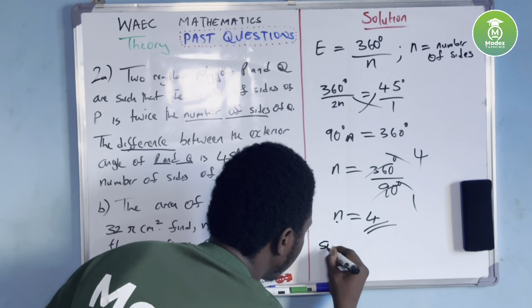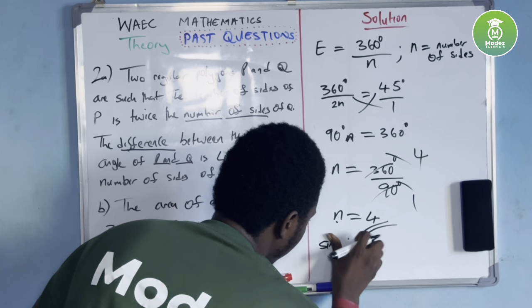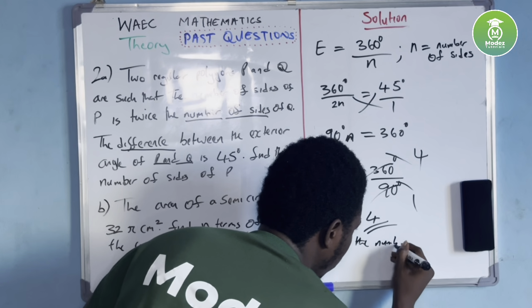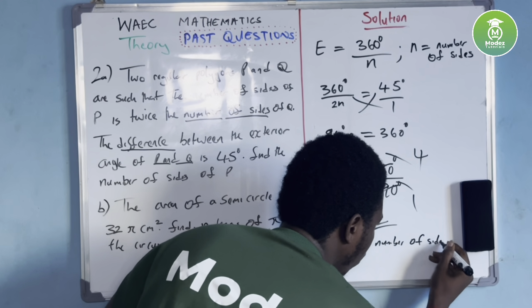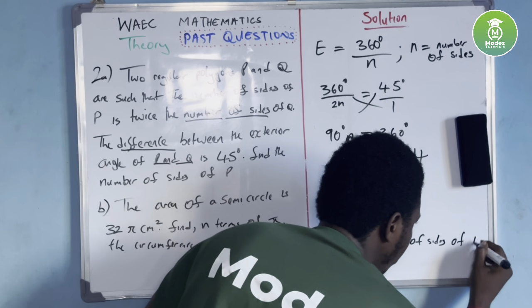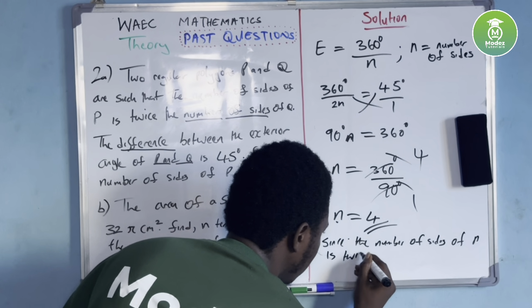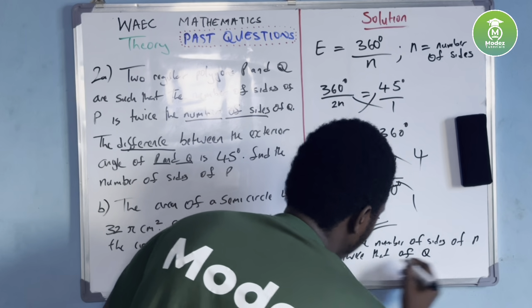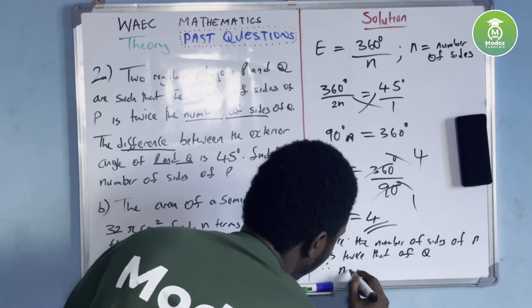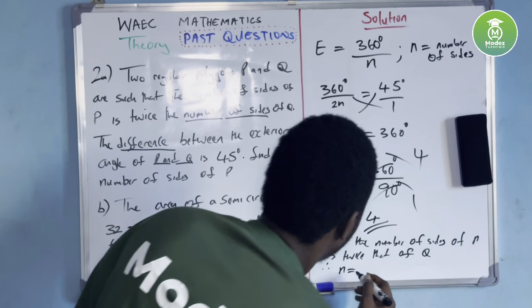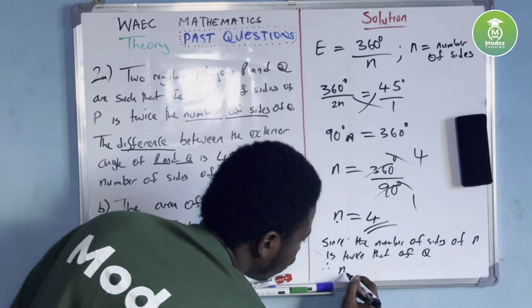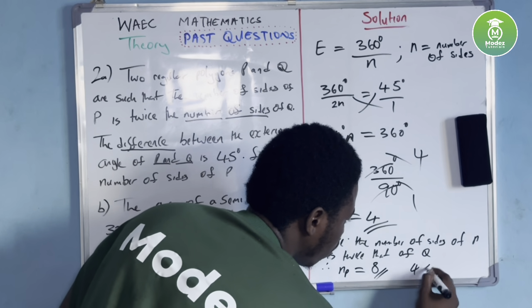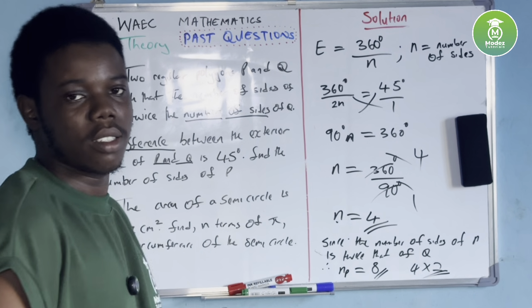So since the number of sides of P is twice that of Q, therefore n of P is equal to 8, which is 4 times 2. I hope you get it.